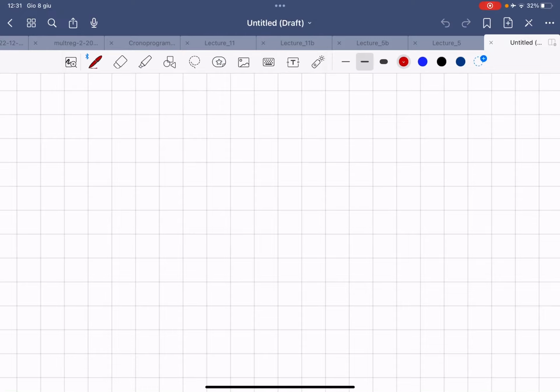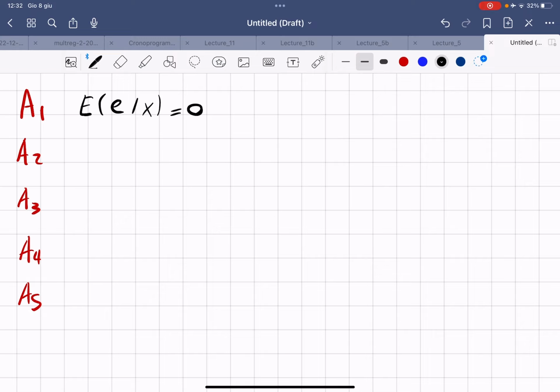Now we are going to derive the proof of the Gauss-Markov theorem. To do that, we need 5 assumptions. The first is strict exogeneity: the expected value of the residuals must be equal to 0 given any regressor.